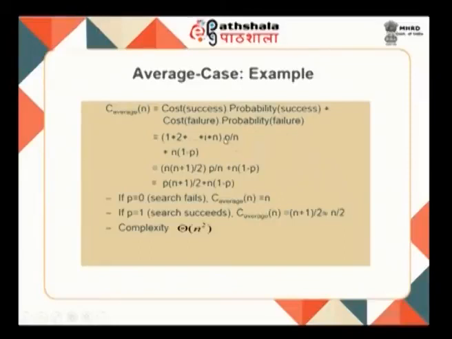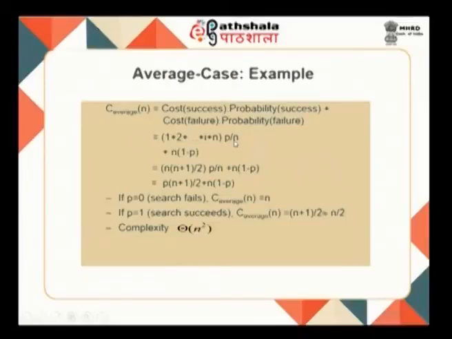Fine. The target can be the first element, it can be the second element, or it can be the ith element, or it can be the nth element. So, you can see very well the cost of success is 1 plus 2 up to n, and the probability of success is going to be p by n.